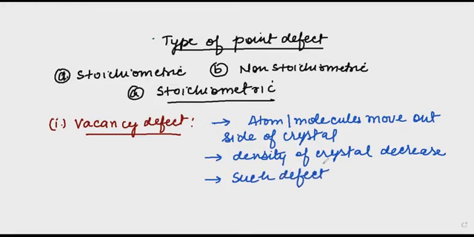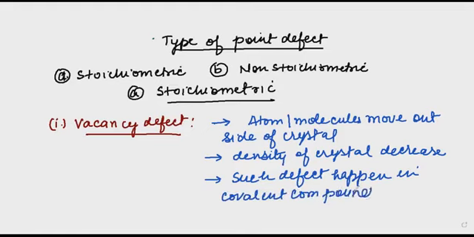Such defect happens in covalent compound. Clear? So this is vacancy defect. Atoms and molecules are moved outside of the crystal, density of crystal decreases. Such defect happens in a covalent compound.